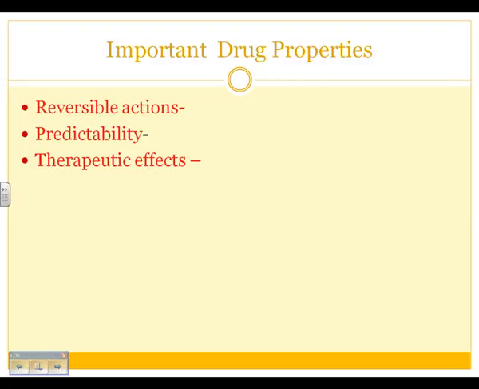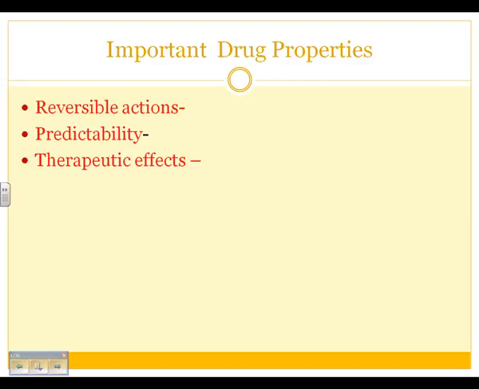Alright, so I'm going to go back over these just to kind of reiterate it. Reversibility of the drug means that if we gave something and the patient had a reaction to it or had a pronounced response to it, that we could either reverse it or give a drug that would reverse it. Reversible actions. Predictability just means that it does what we think it's going to do.